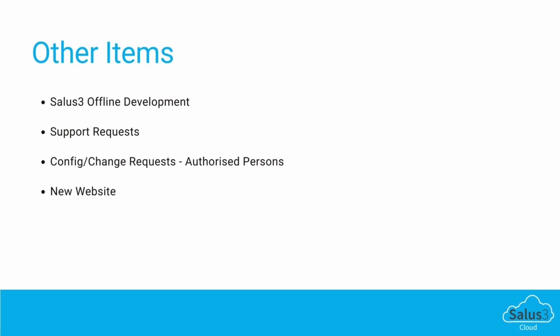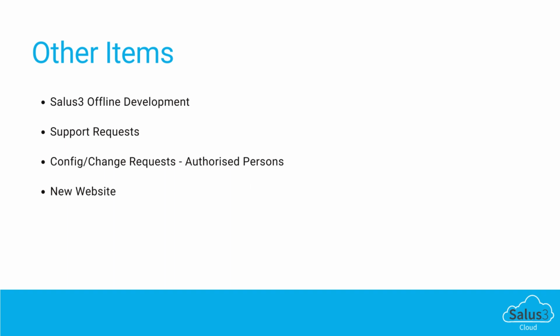Just on support requests, if you have any support requests, if you can try and email them through to our support email, which is support@salus3.co.uk, or by completing the support form within Salus3. By doing it those two ways, all support requests go into our support ticketing system, and it just allows us to keep track and manage your support so we don't end up forgetting things.